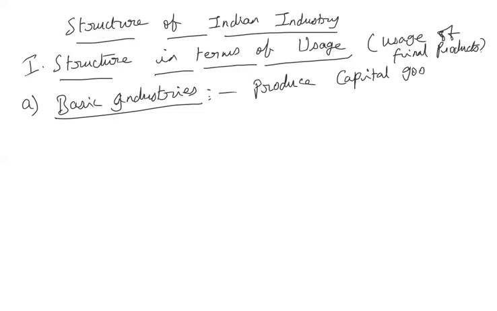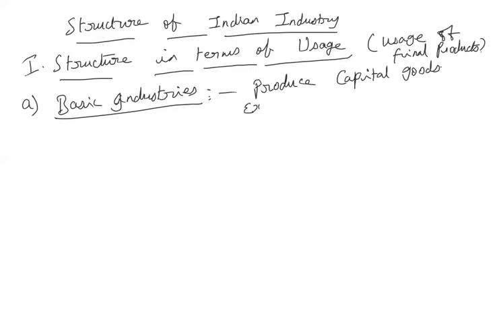So only with the help of capital goods are all the other goods produced. And even these capital goods also have to be produced. So the industries that produce the first good, that is the main capital good, those industries are called the basic industries.